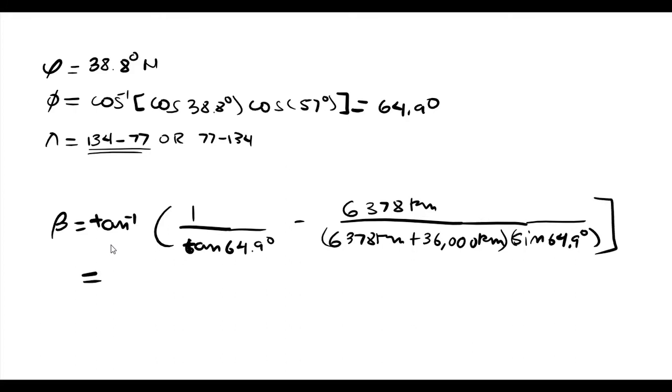So, sagot natin dito ay 6378 plus 36,000 divided by sine 64.9, and then 1 over tangent 64.9, so arc tangent, so 16.8 degrees. So, ito yung angle of elevation natin.